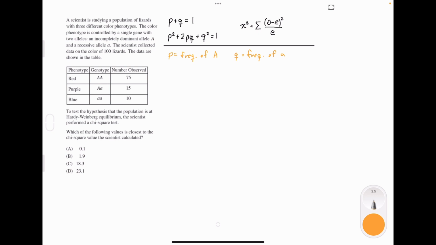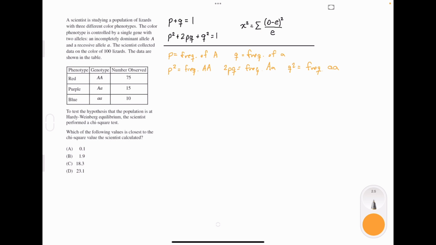Once you solve for P and Q, you can then solve for P squared, which is the frequency of your homozygous dominant. 2PQ is your frequency of your heterozygous, and Q squared is your frequency of homozygous recessive.